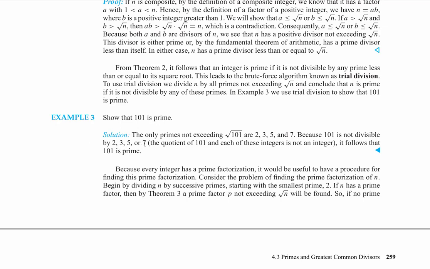Divide 101 by 7. Well, 7 into 10 goes once. Subtract, that's 3. 7 into 31 goes 4 times. Remainder 3. So 7 is not a factor either. So 101 is a prime number.